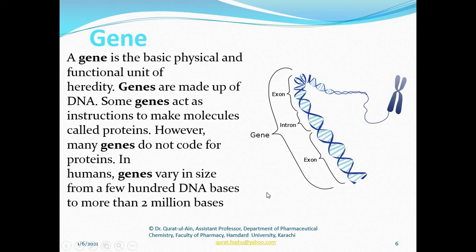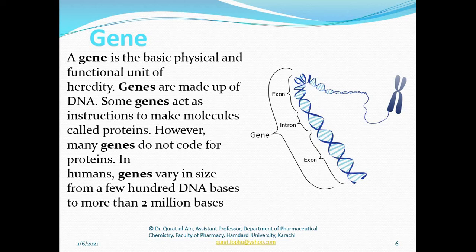Actually, a gene is a set of nucleotides that encode a protein. This gene consists of two basic parts, one is the intron and the other is the exon. A gene can consist of both introns and exons.